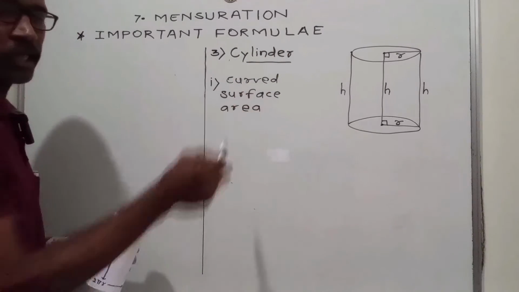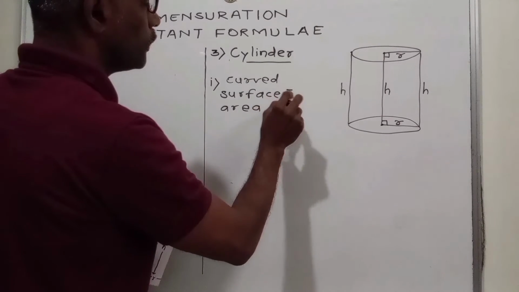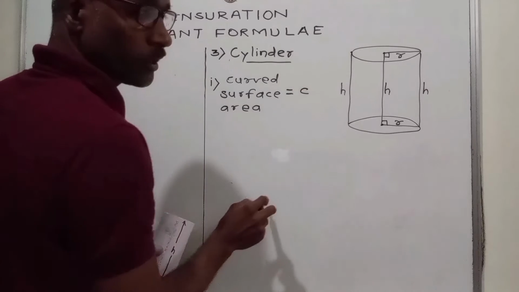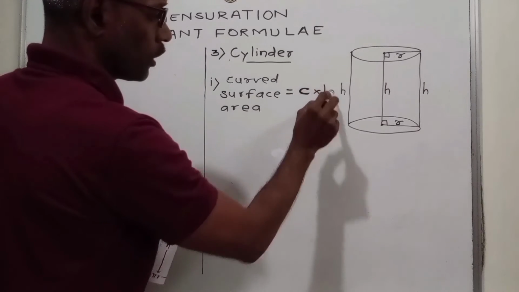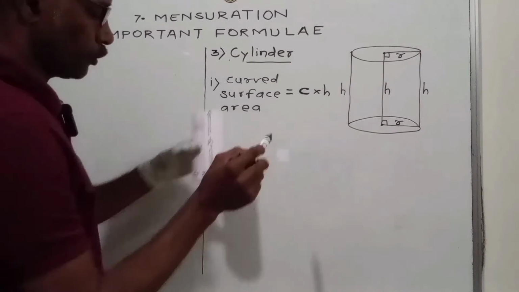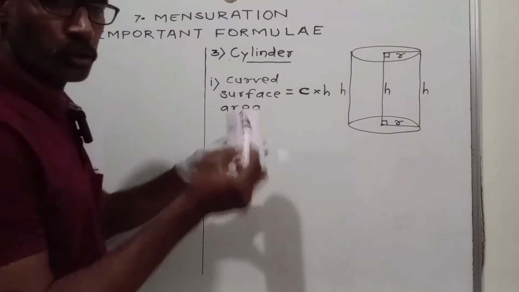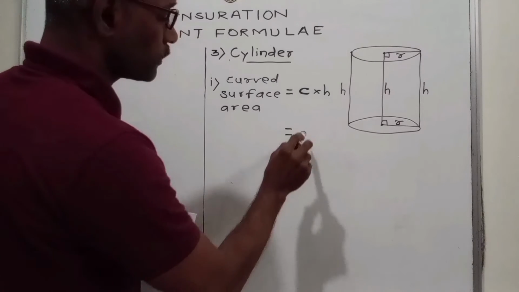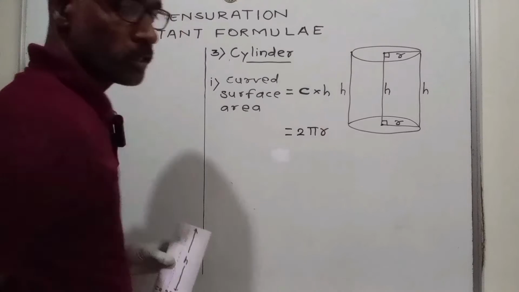There is no need to write again and again. Of cylinder is equal to circumference into height. Now this is circular, so circumference into height. Therefore, circumference 2 pi r.